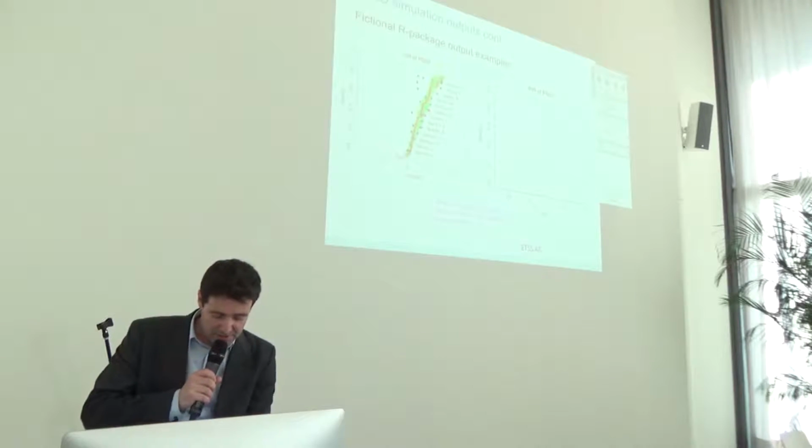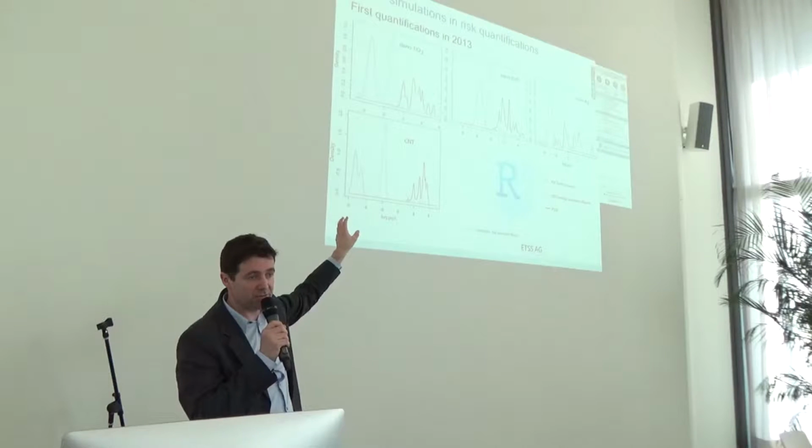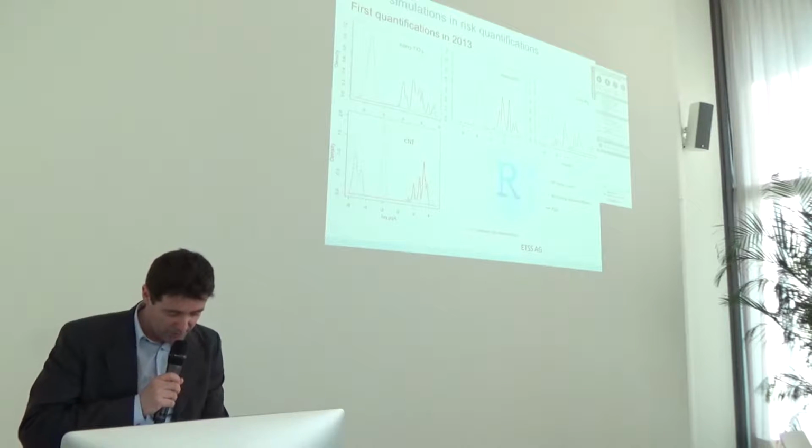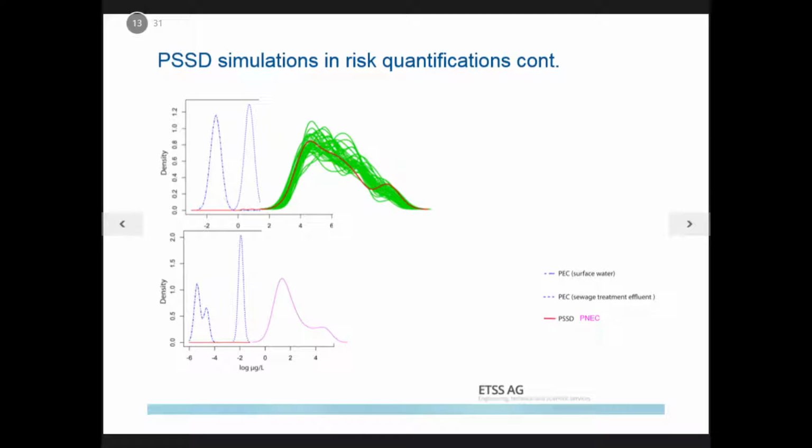This is needed to compare to the exposure curves that are illustrated in blue on the left-hand side here. These are real examples, and you just see that we compare the species sensitivity curves to the exposure curves that are red. And in a real example based on this software, this looks like you see here. So not anymore just one red curve, but all the curves, the whole range.